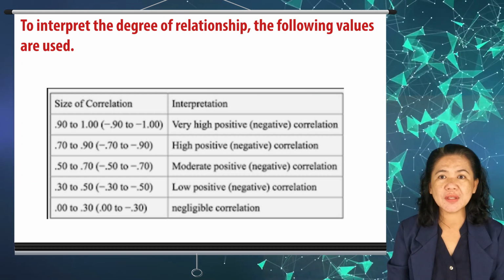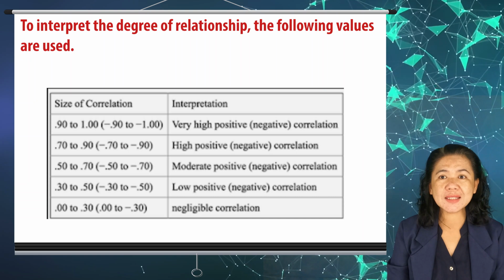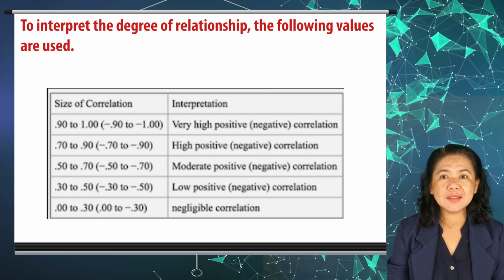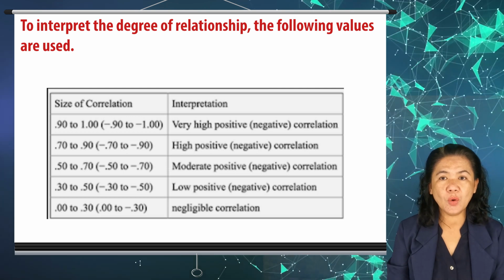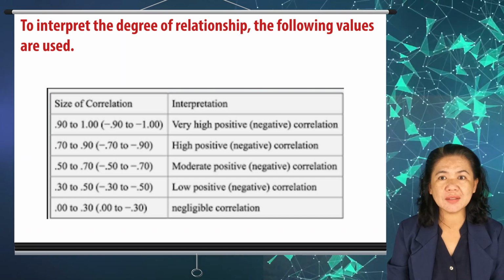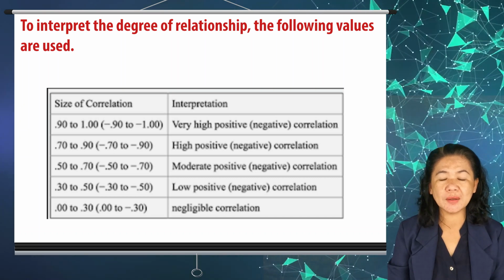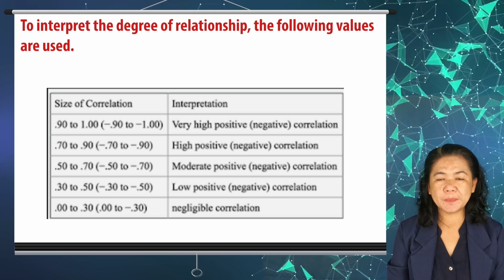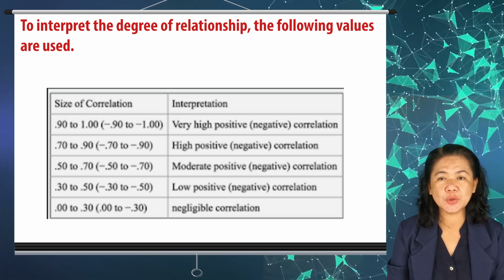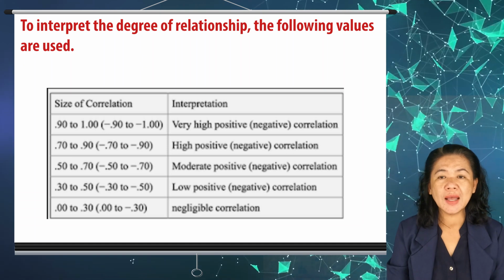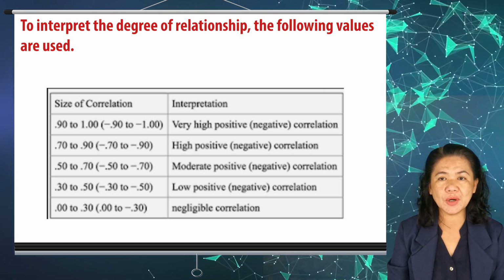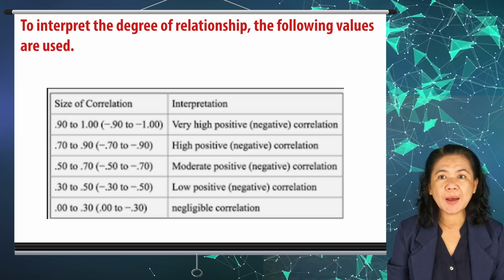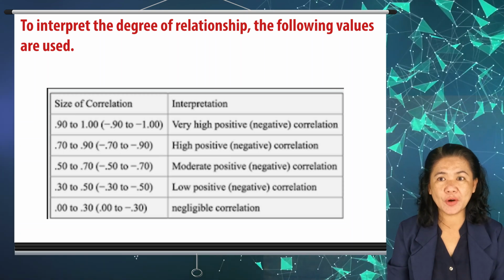On the first column, you have the size of correlation, while in the second column, you have the interpretation. 0.90 to 1 or -0.90 to -1 means very high positive or negative correlation. 0.70 to 0.90 or -0.70 to -0.90 means high positive or negative correlation.